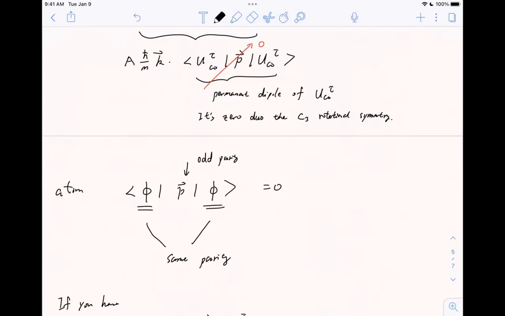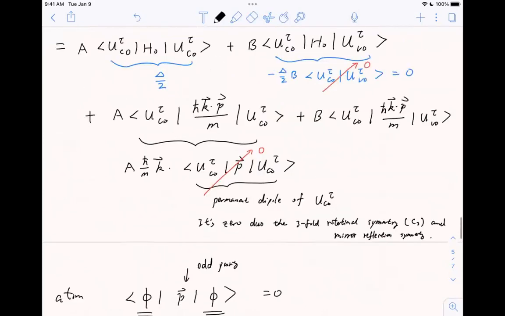So by using C3, threefold rotational symmetry, and the mirror reflection symmetry, it's the same. Okay, so that's a good simplification.